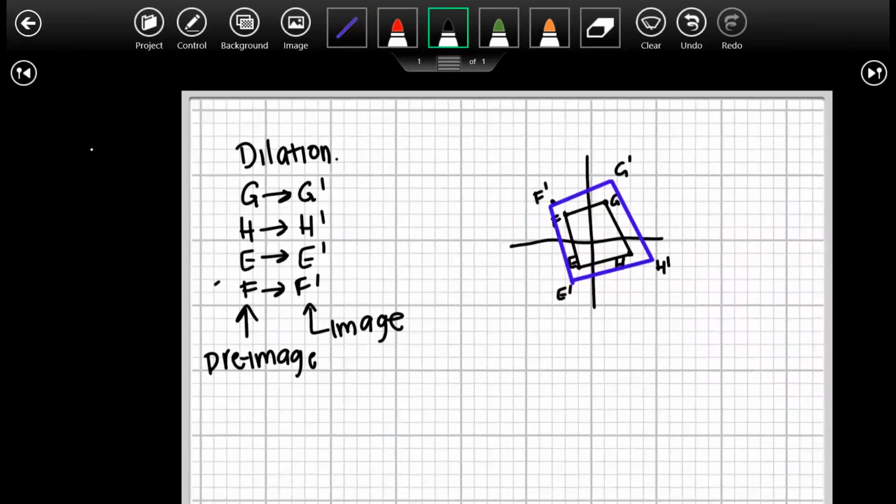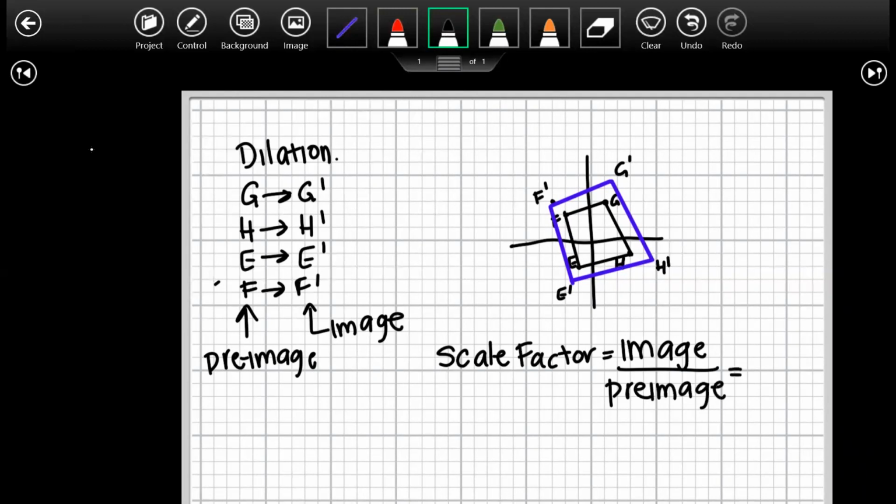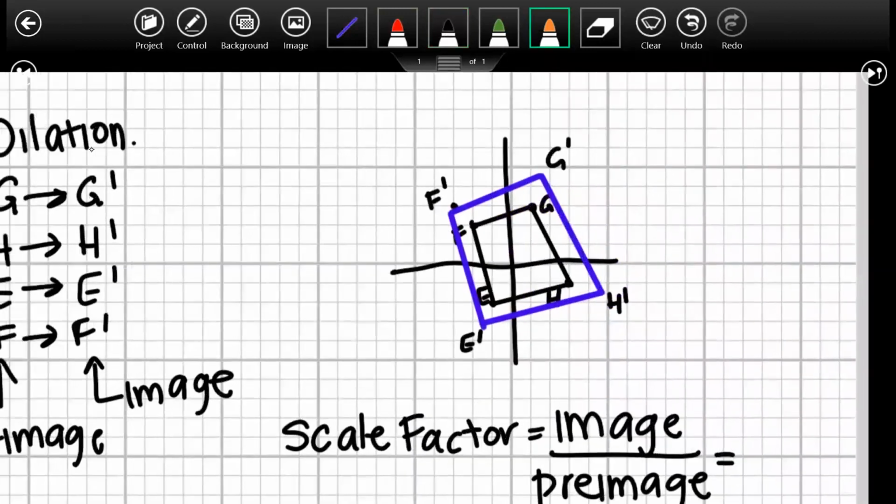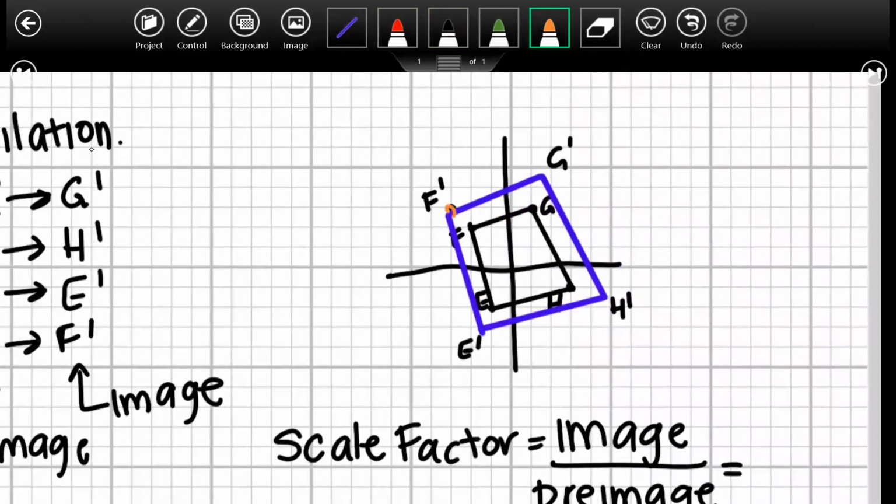To find the scale factor, we're going to know it to be the image over pre-image. And what we're going to get from this is we want to be able to find good points. And our good valid points in this case happen to be at these points.